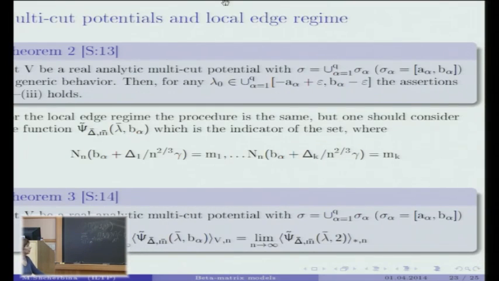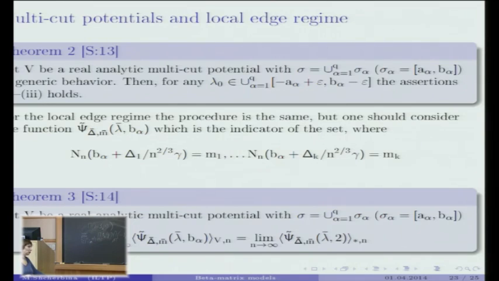And okay, for multi-cut potential, you can do the same. Here it is written that V is real analytic, but it's just because I need to use my previous result about the multi-cut case.